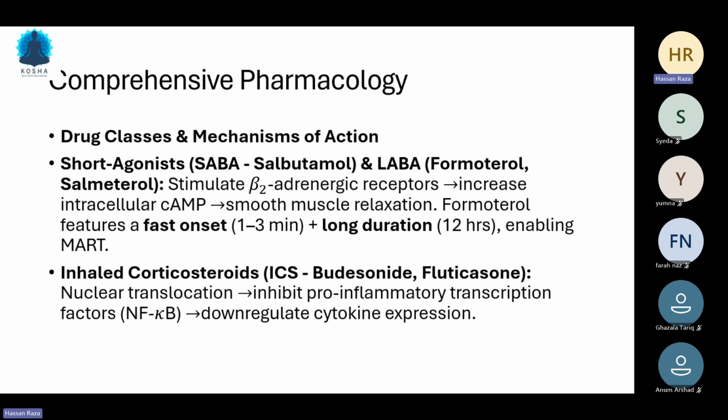There's a long pathway I haven't discussed here, but just remember that these inhaled corticosteroids like budesonide and fluticasone inhibit pro-inflammatory transcription factors like NFKB, and so work as anti-inflammatory agents.